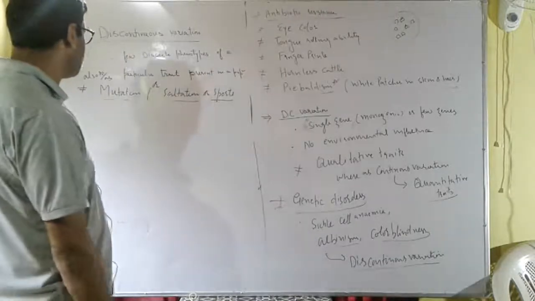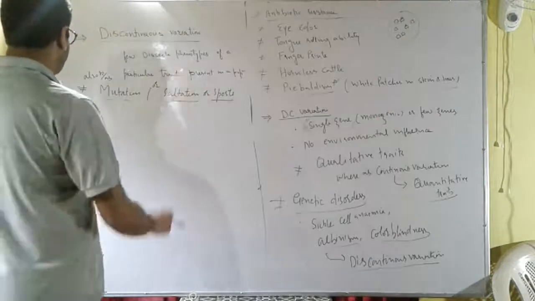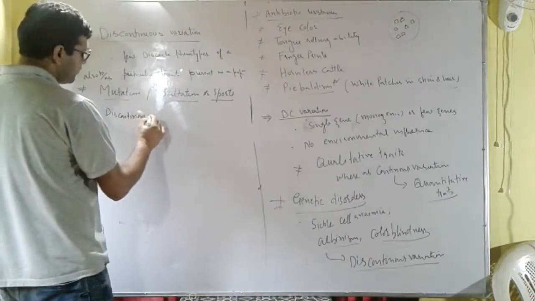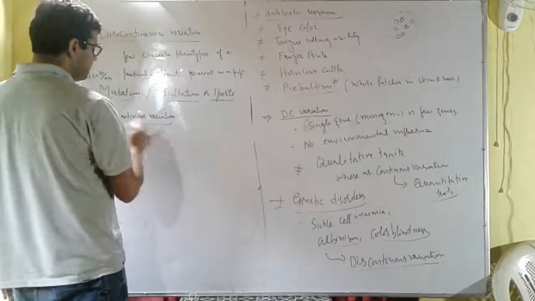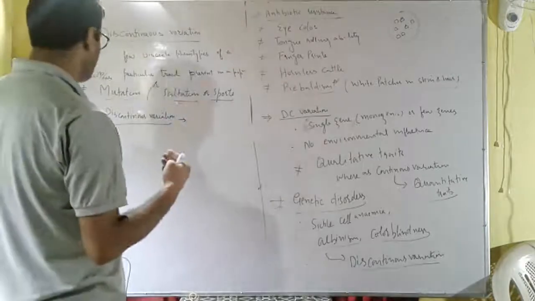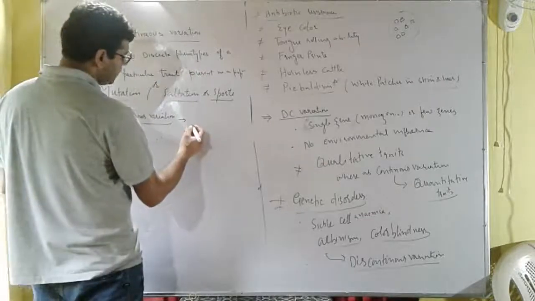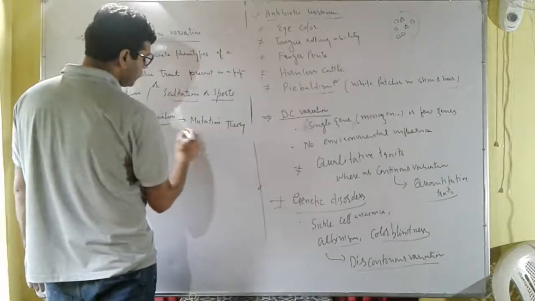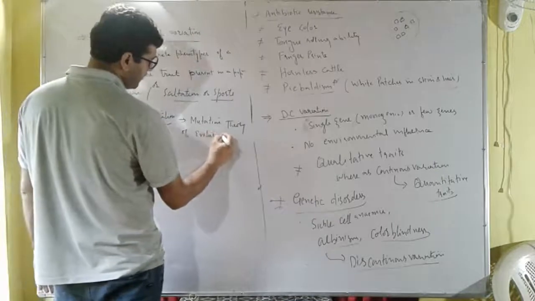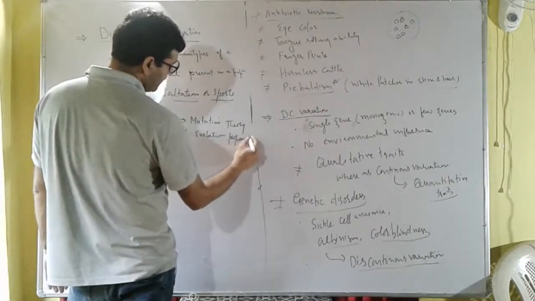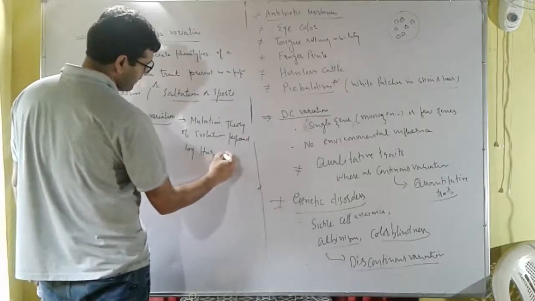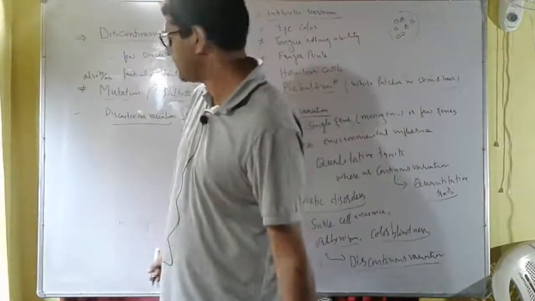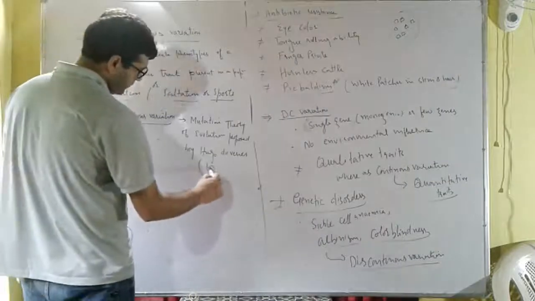This discontinuous variation forms the basis of the mutation theory of evolution proposed by Hugo de Vries in 1901, or 1902.